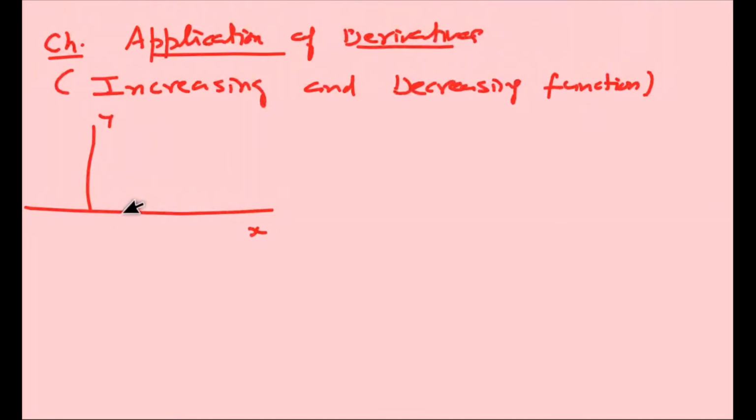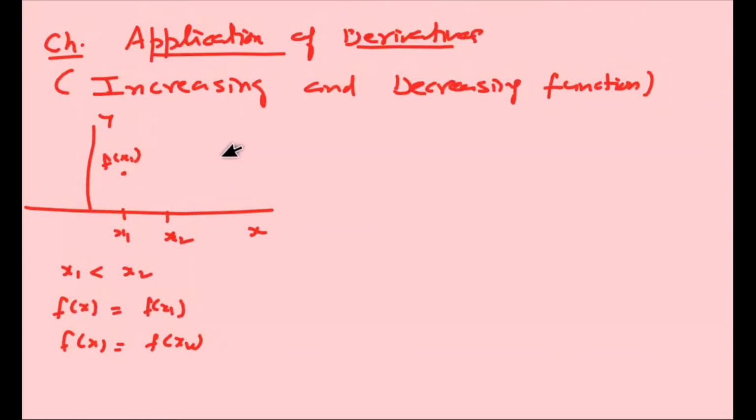Now there is a point x1 and x2 where x1 is less than x2, and for x1 in any function, when you put f(x1) and f(x2), what happens when we see this curve?